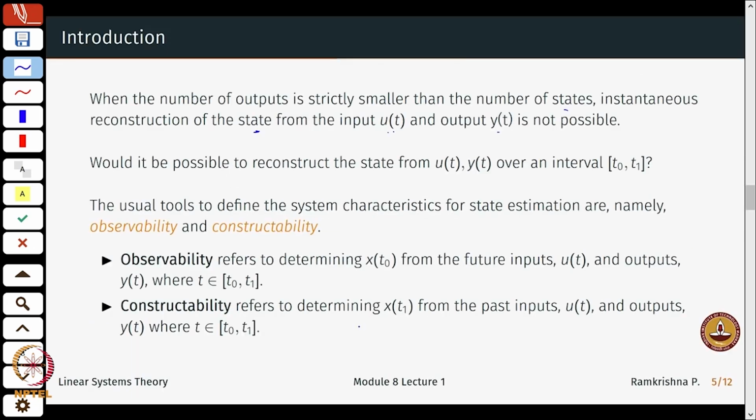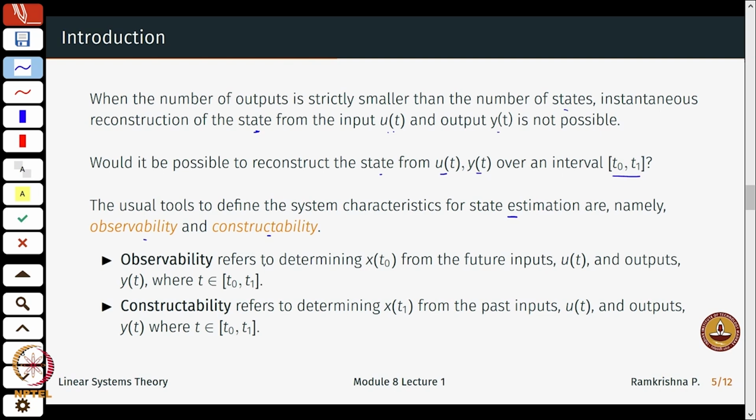Now, I ask a different question. Would it be possible to reconstruct the state given some measurements over [t0, t1]? I know u between t0 and t1, I also know y of t over this interval. Based on this information, I characterize two notions of state estimation, and these are the notions of observability and constructability.